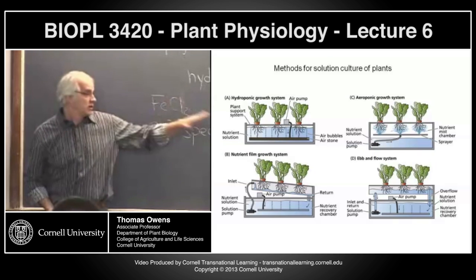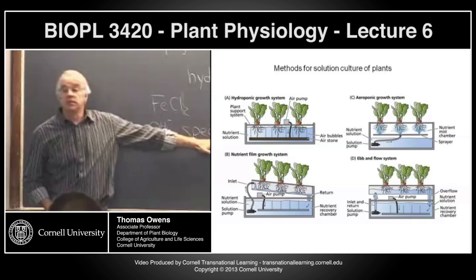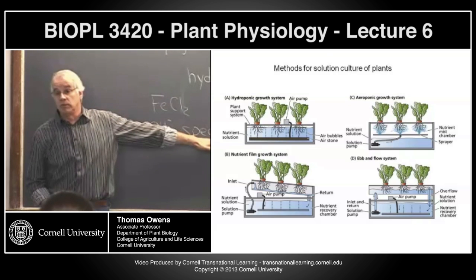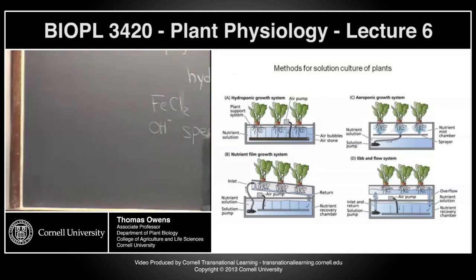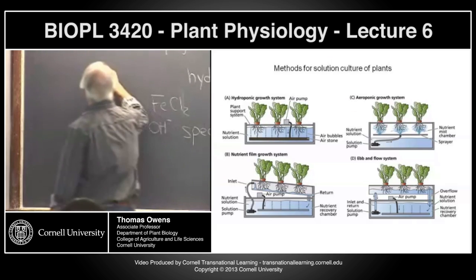Okay. So one of the things that we need to do is deal with this speciation problem, in particular the formation of precipitates. And one of the main ways this is done is by using something called chelators.